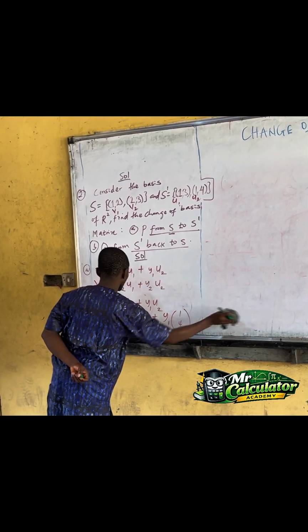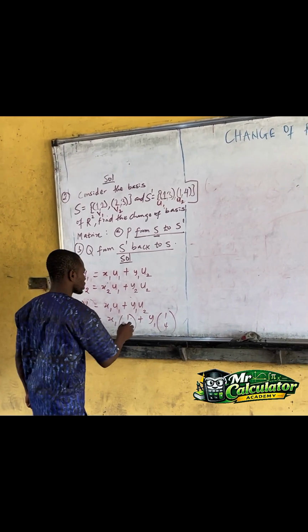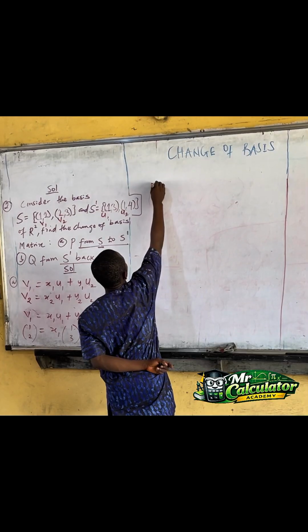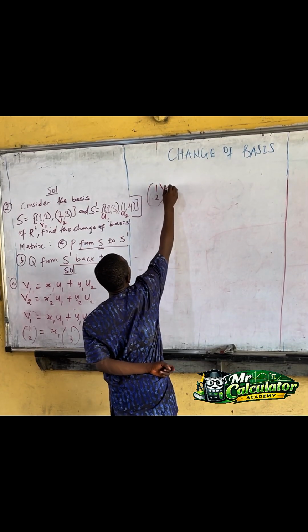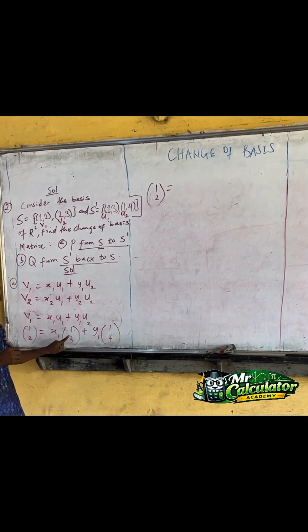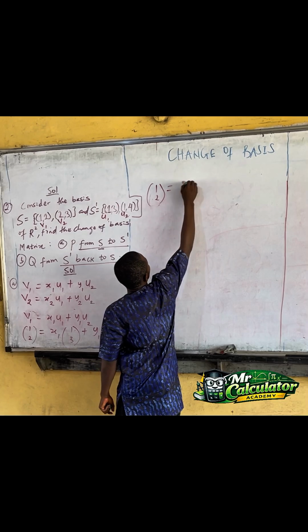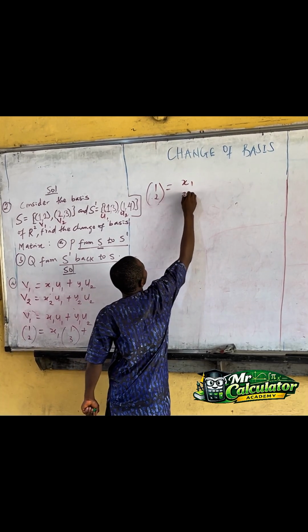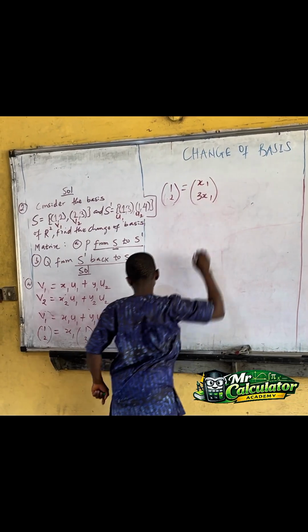So I continue my solving. We open the brackets. Making reference to this, it will now be 1 and 2 in column. X1 times 1 is X1. X1 times 3 is 3X1. I close it.